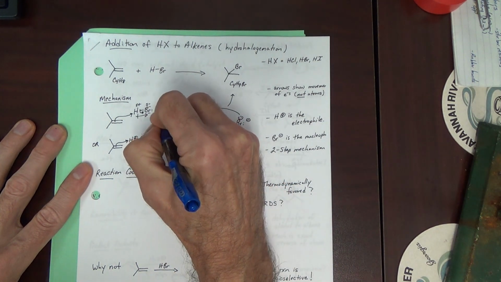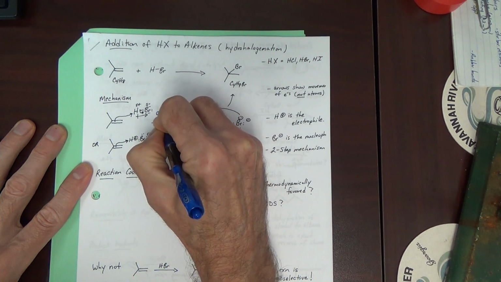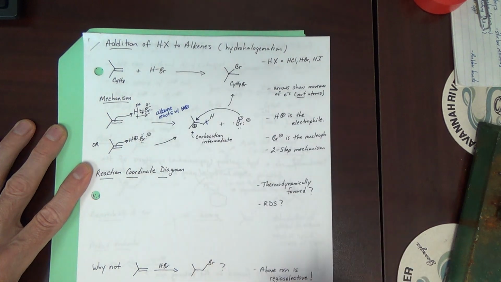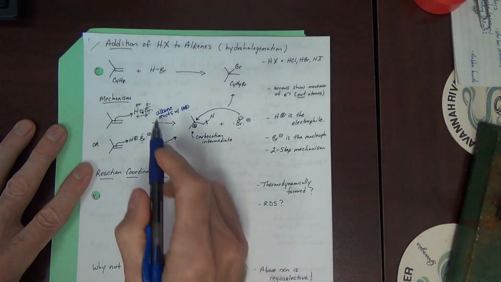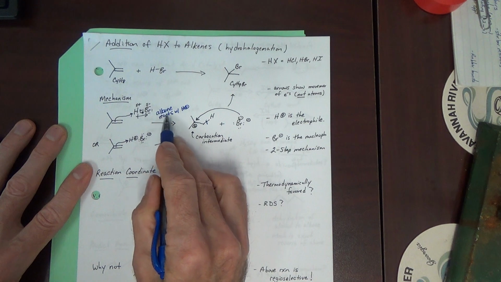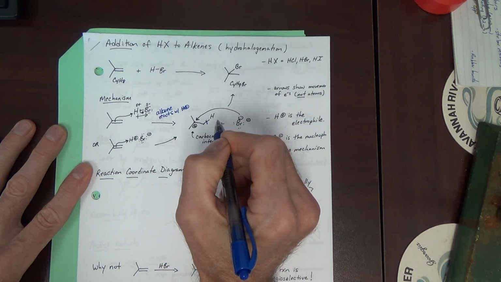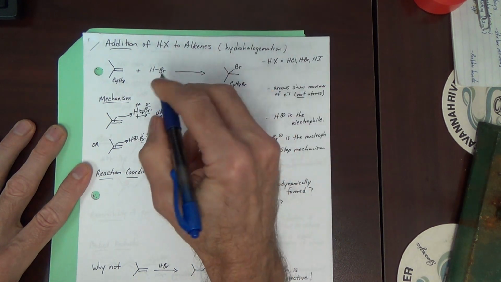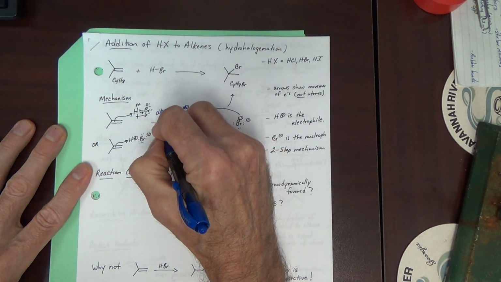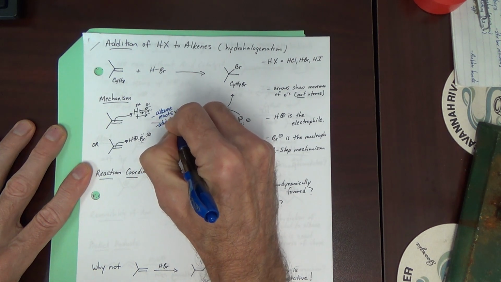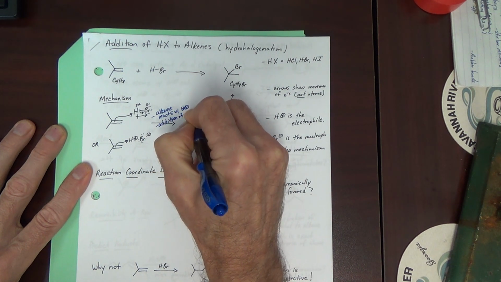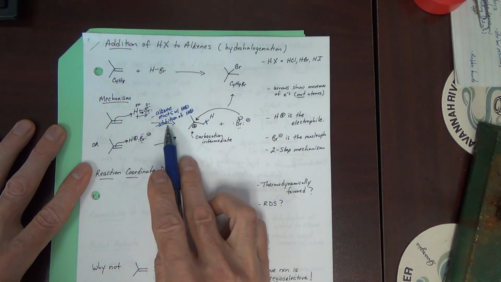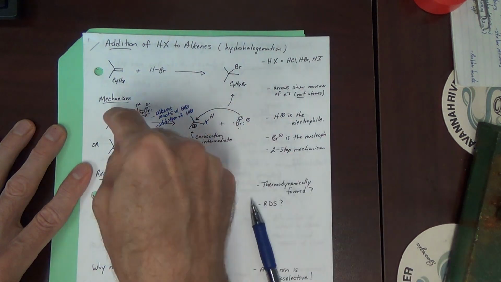Okay, step one is the alkene reacts with H plus. Now this is not the mechanism, this is me explaining. You could call this addition of H plus, because we added an H. I don't particularly like that terminology because it sounds like we're throwing something at the alkene.